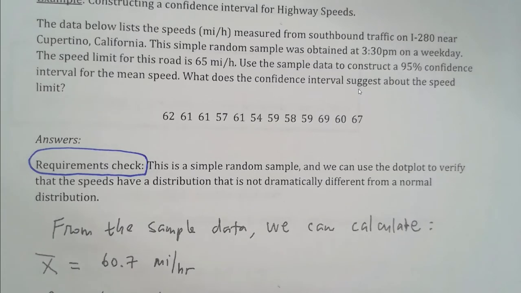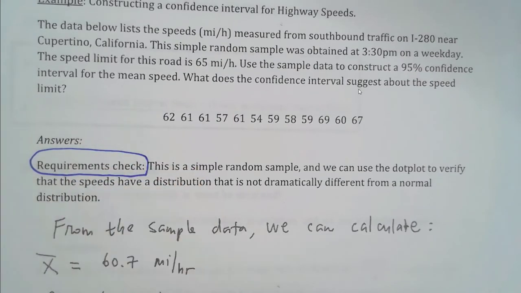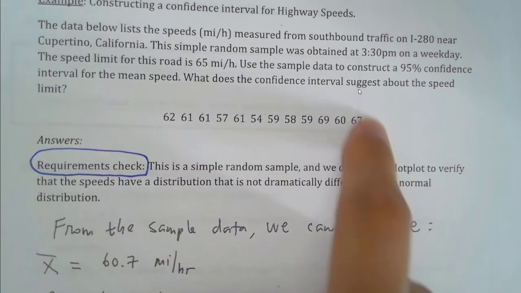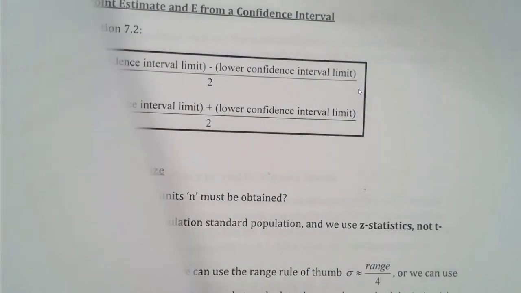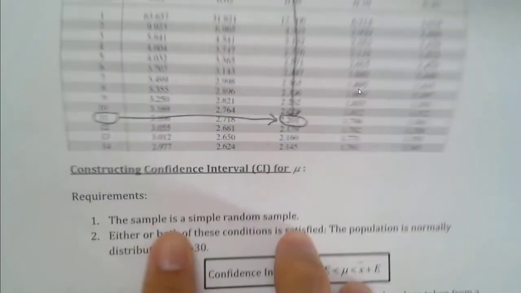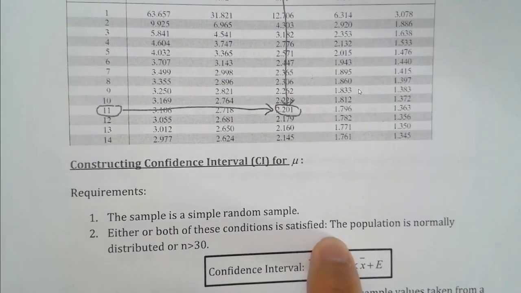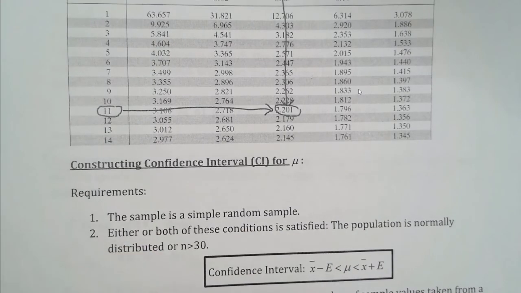Now before we move on with this problem, let's go back to the beginning of this problem for the requirement check. Because we only have 12 values, n equals 12, which is less than 30, and therefore we need to make sure that the population is normally distributed.